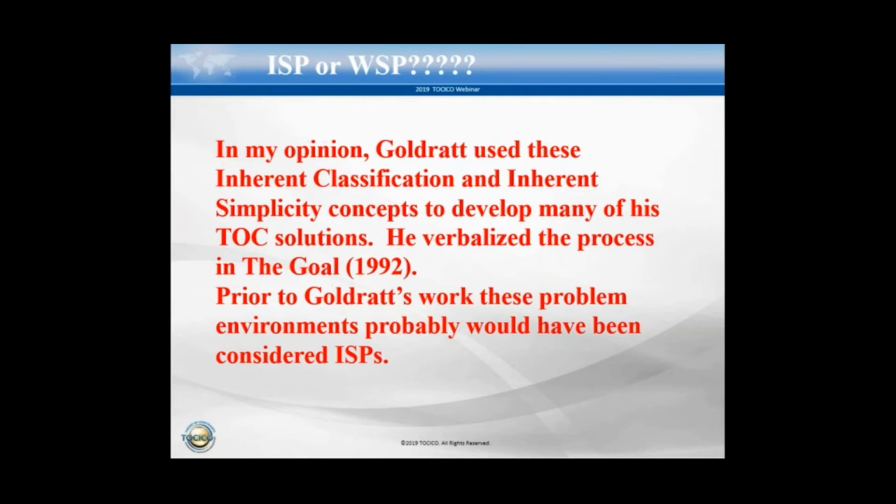He called it the intrinsic classification. In 2010, he called this the inherent classification. So prior to Goldratt's work, much of these areas that I've just covered, I think, were considered ill-structured problems. And his solution process converted those to well-structured problems and solved them.